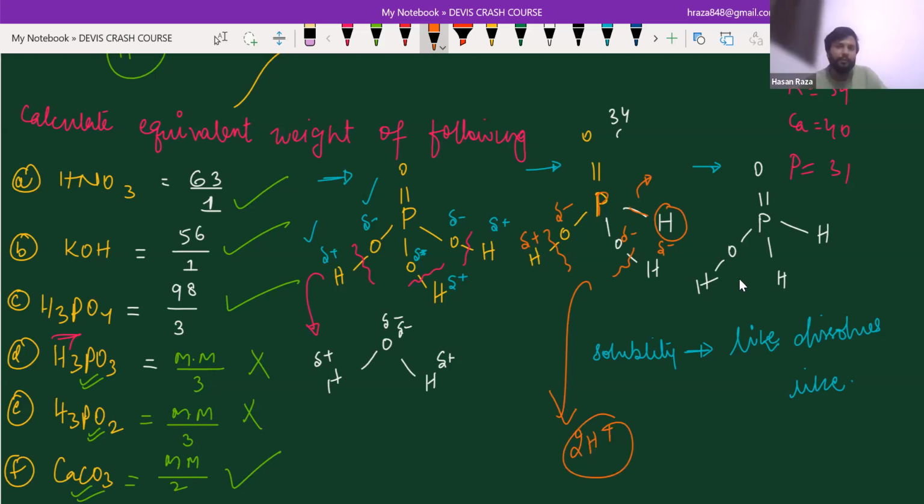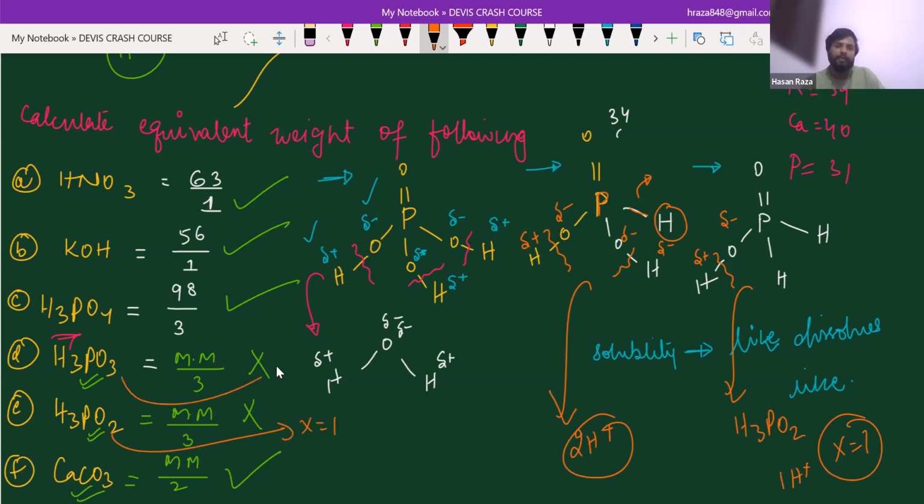In the same way, you can go for this. H3PO2 only gives 1H plus. That's why X has a value 1 in H3PO2, X has a value 2 in H3PO3, and X has a value 3 in H3PO4. This is phosphorus and phosphonic acid, so we will discuss it later.